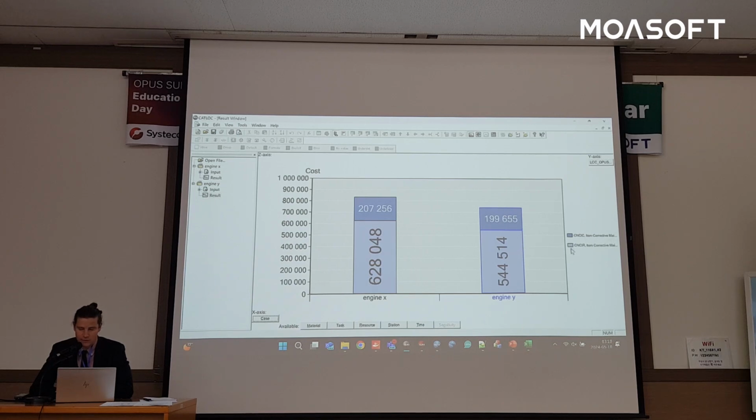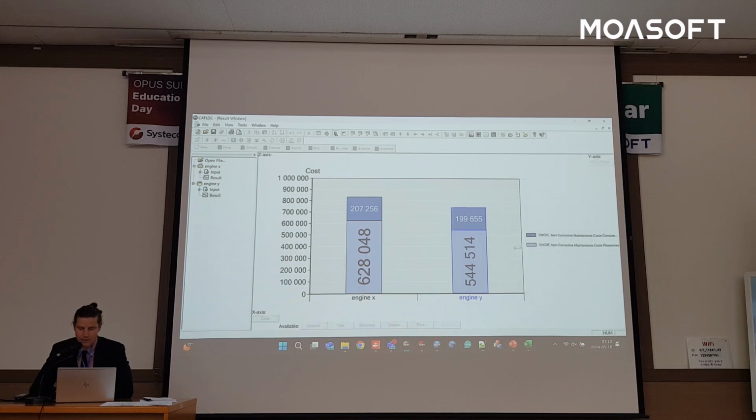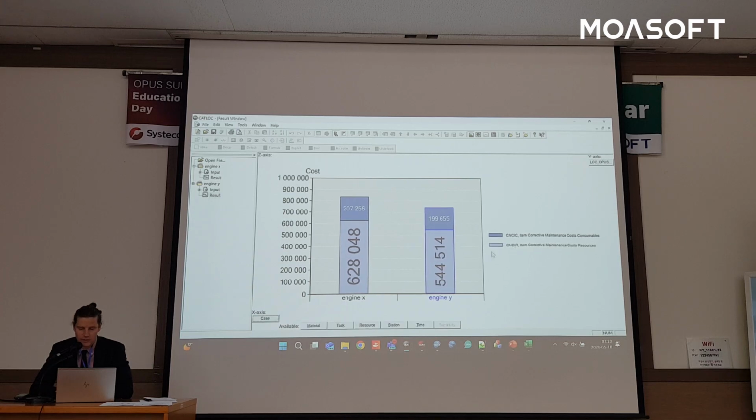So you see different, like this one a little bit easier to read. It's a lighter blue one here, which is item corrective maintenance costs for resources as well. So corrective maintenance cost with resources associated. So it seems to be expensive. And this is because, if you remember from yesterday, we connected the maintenance tasks with the maintenance resources.